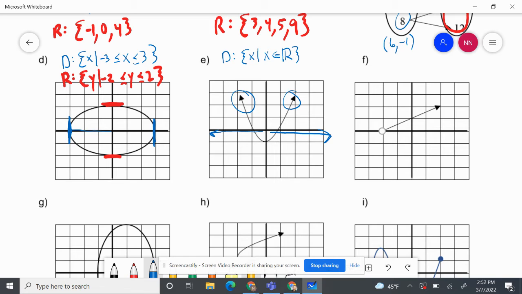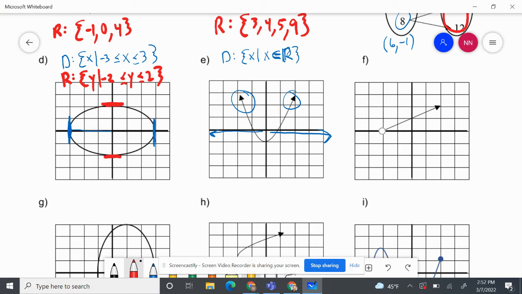Now, this right here is E, and that stands for element. And then this R right here stands for all real numbers that we talked about in lesson 1.1. So all the numbers that we deal with are real numbers in algebra. So this is saying that this is all the x values.